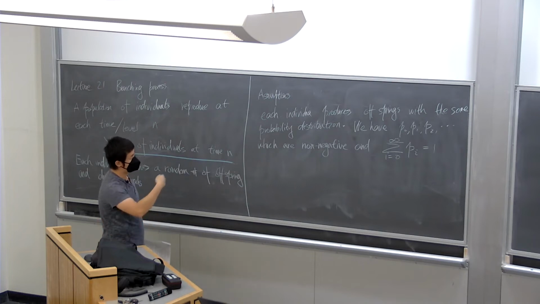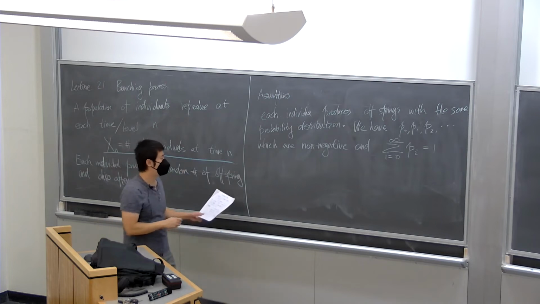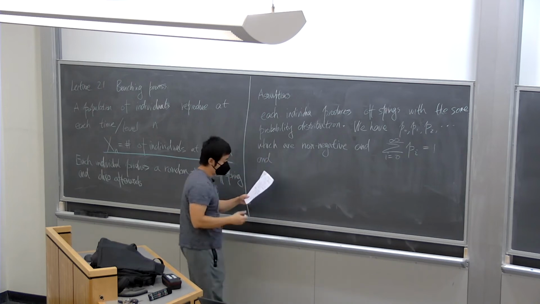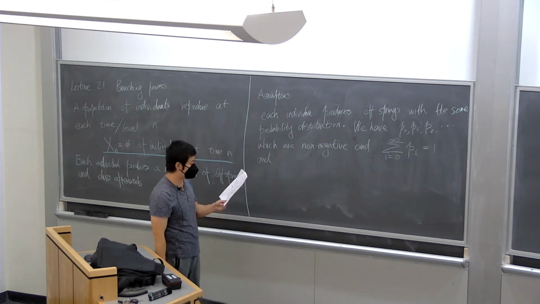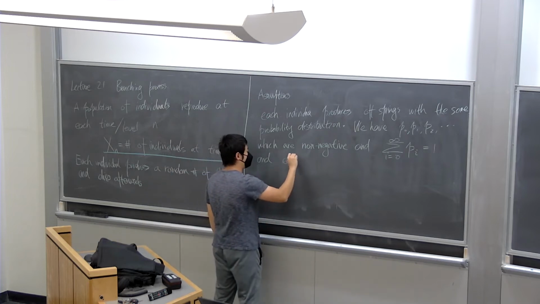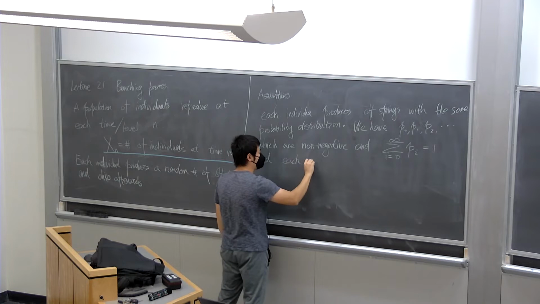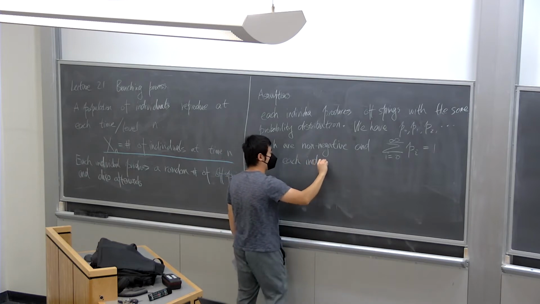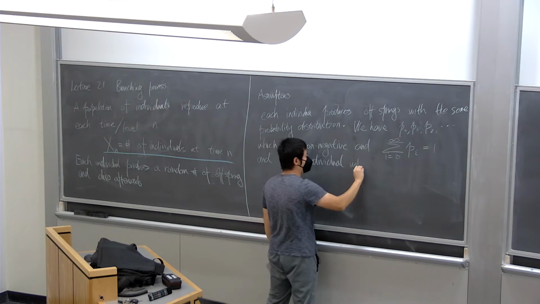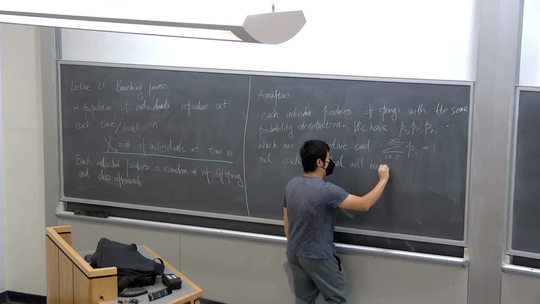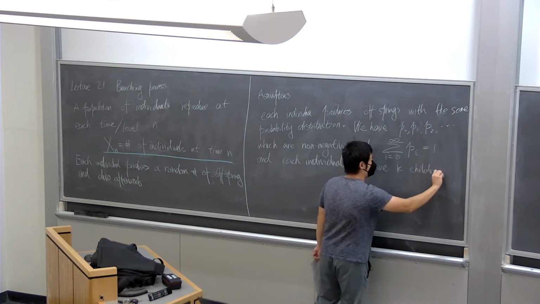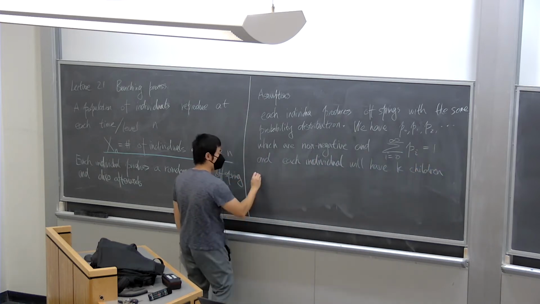So we have a sequence of non-negative numbers that sum to 1, and each individual will have k children with probability pk.